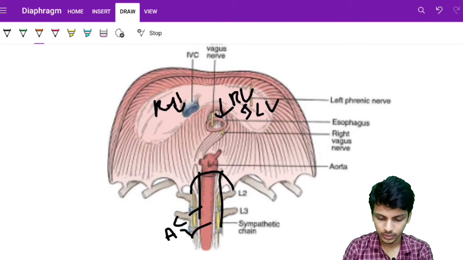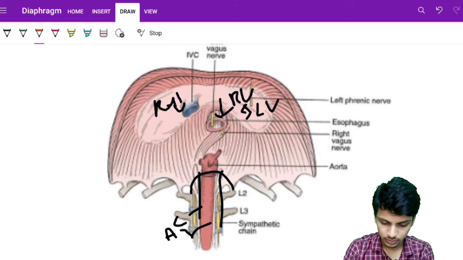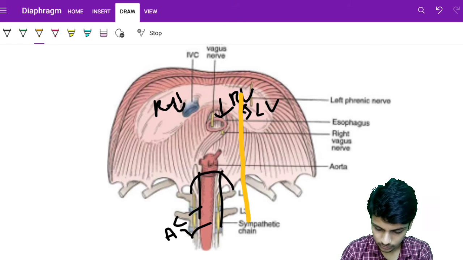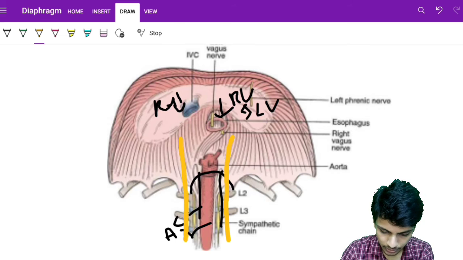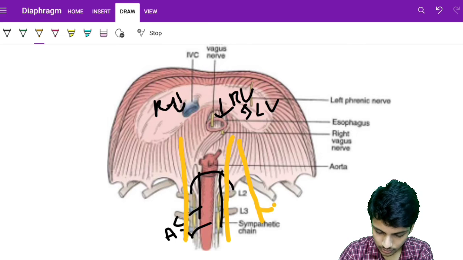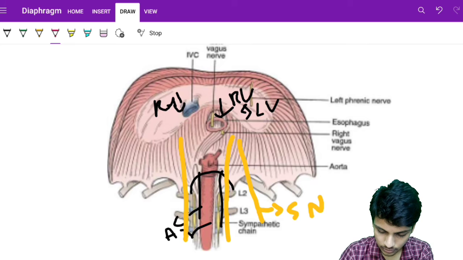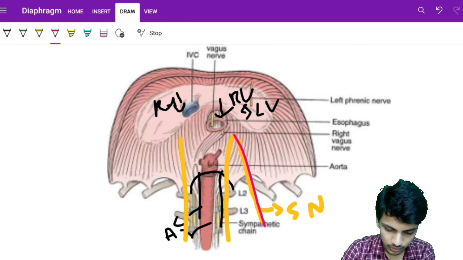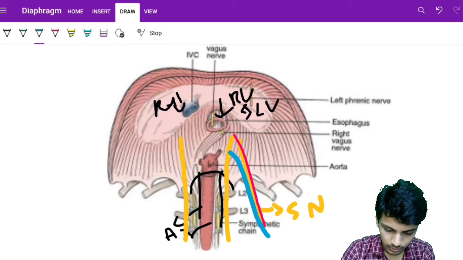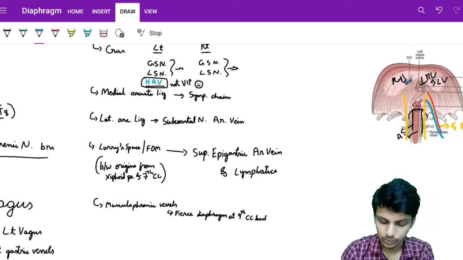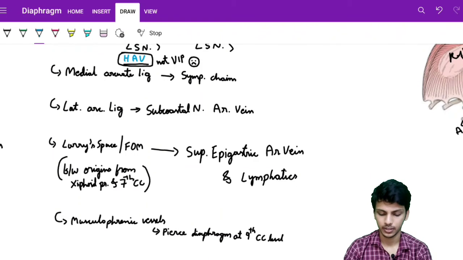See, this was the sympathetic chain, going under the medial arcuate ligament on both sides. Then there is the subcostal nerve, subcostal artery, subcostal vein going through here, under the lateral arcuate ligament.